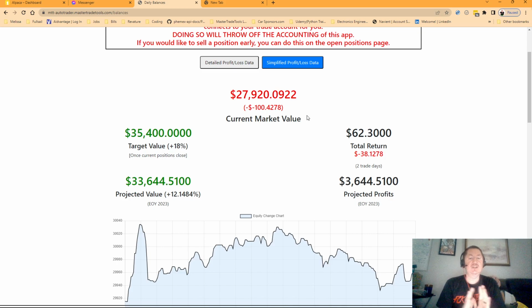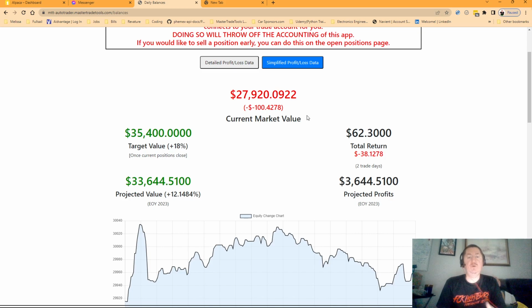You don't actually lose money until you close that position or that position is closed for you. Sometimes that occurs when you're trading on margin, which we are not. We are only trading on the cash that is in our trade account. So we will never have to worry about margin calls or anything like that.